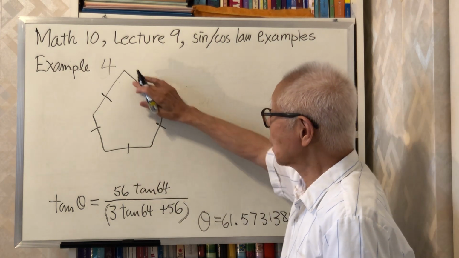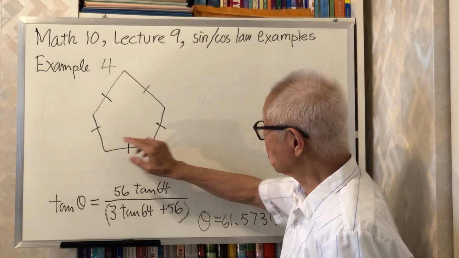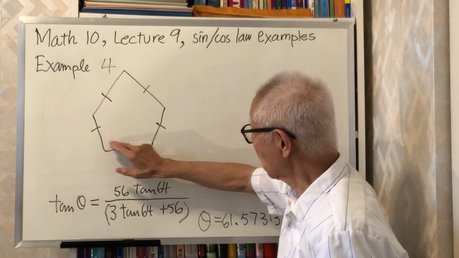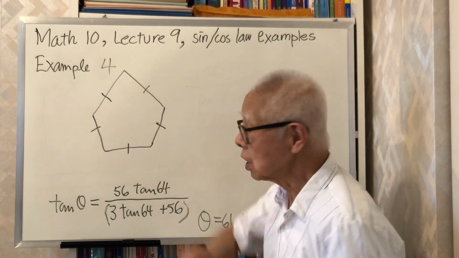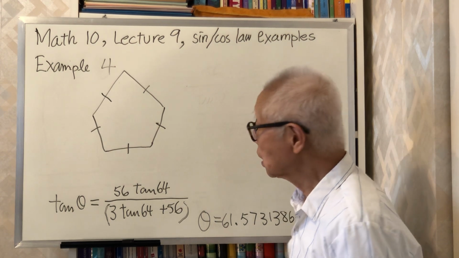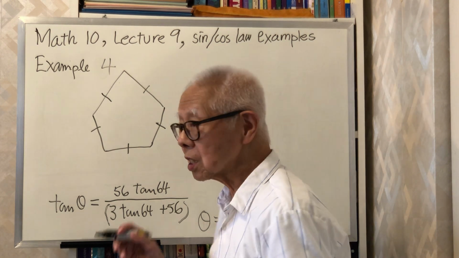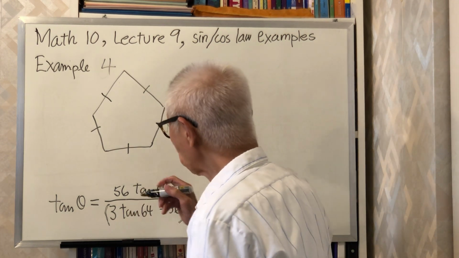Because all the sides are equal, then the 5 angles are equal. This 1, 2, 3, 4, 5. These 5 angles are equal. First of all, by the way, what is given and what is the thing we want to find?